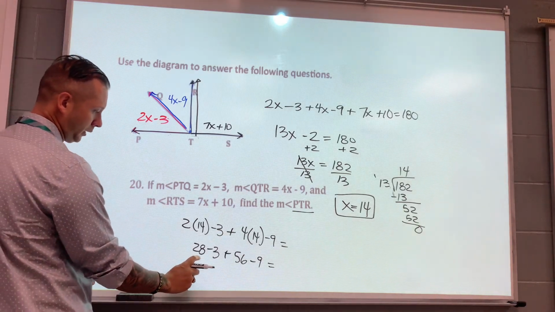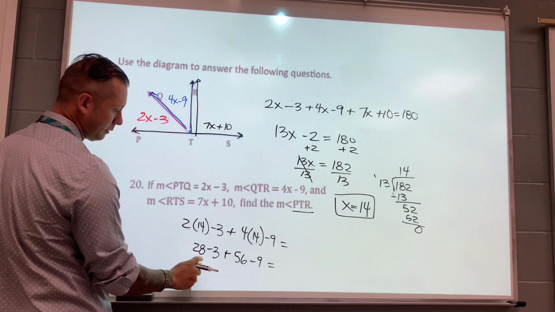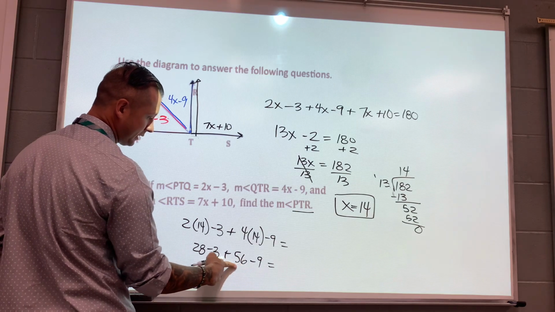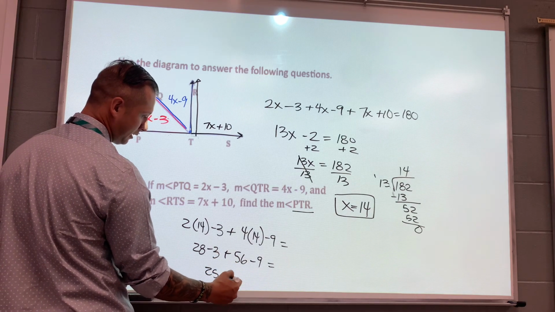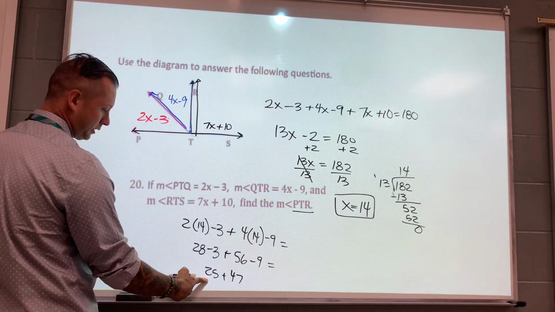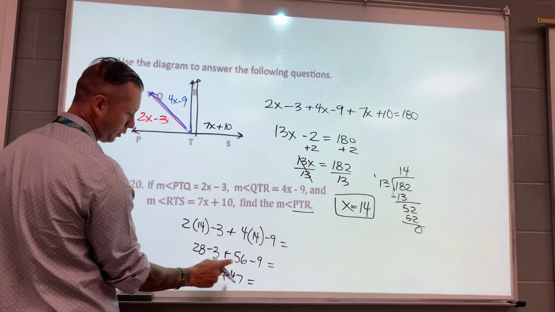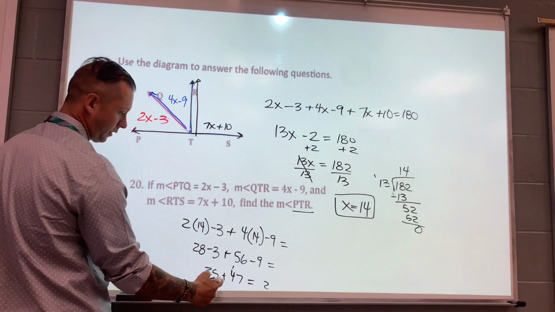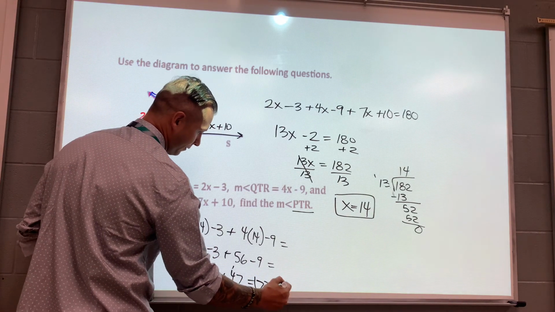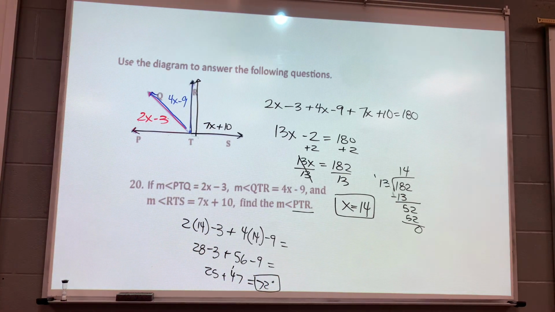Combining like terms, 28 minus 3 is 25. 56 minus 9 is going to be 47. So this is going to, in the end, be 72 degrees. PTR is 72 degrees.